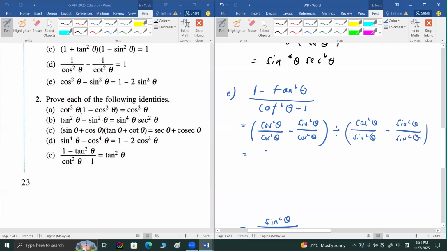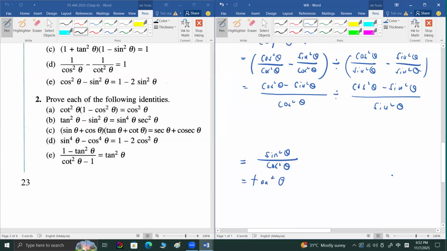Okay, so now I got cos squared theta minus sine squared theta from the top. The denominator is cos squared theta. So I still make it divide first. Later only I do the reciprocal, yeah? So the top part, I got cos squared theta minus sine squared theta per sine squared theta. I think I nearly see the answer. Okay, so cos squared theta minus sine squared theta.